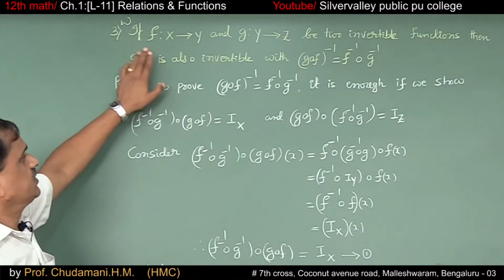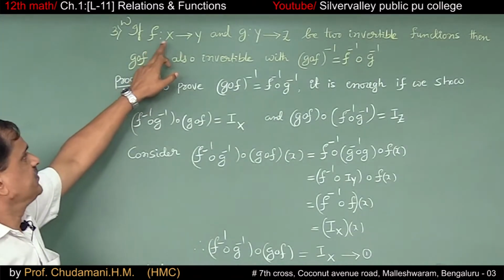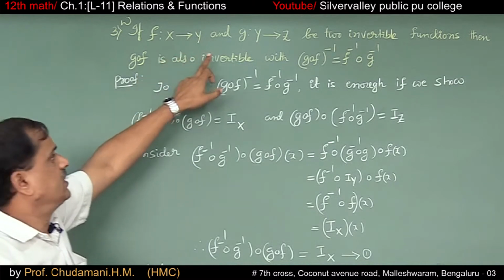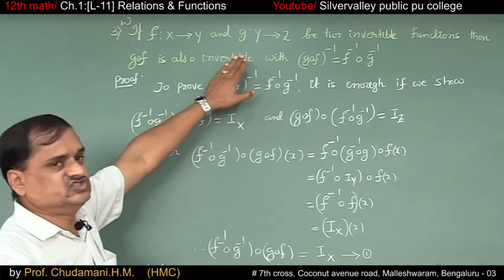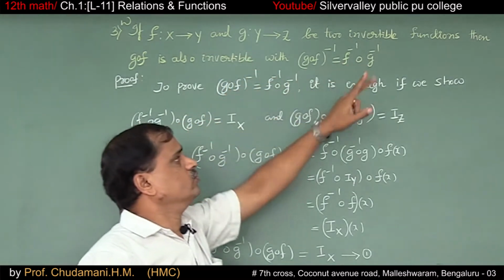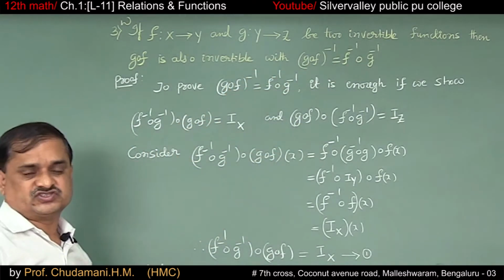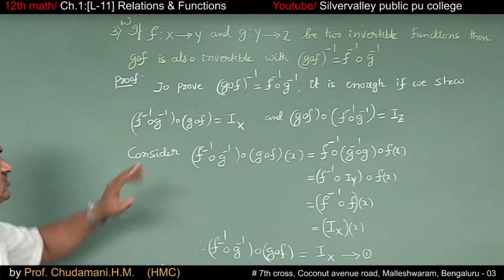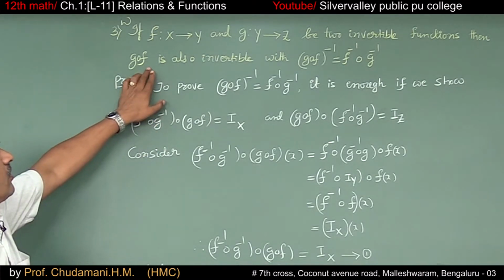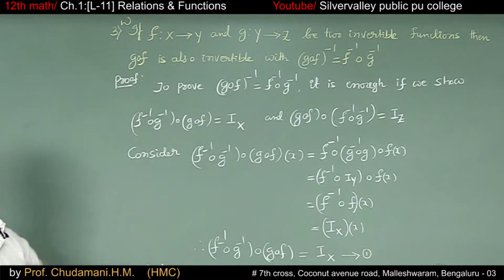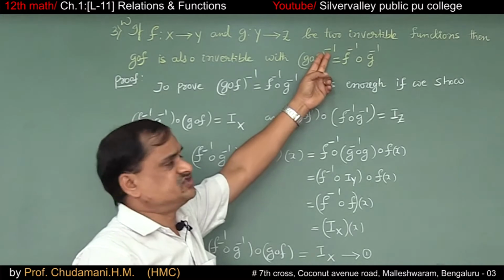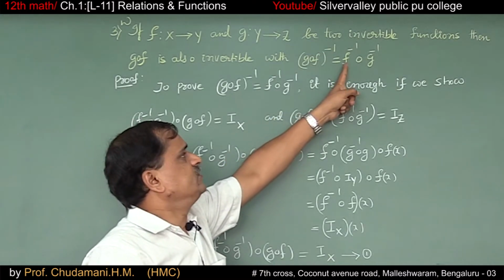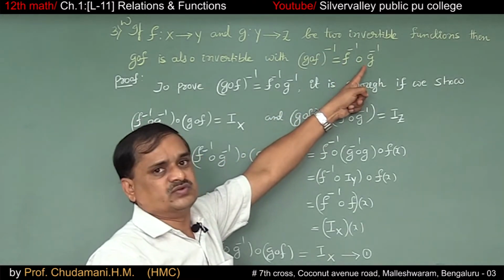Third one, worked example. If f from X to Y and g from Y to Z are two invertible functions, then g∘f is also invertible, with (g∘f) inverse equal to f inverse composition g inverse.